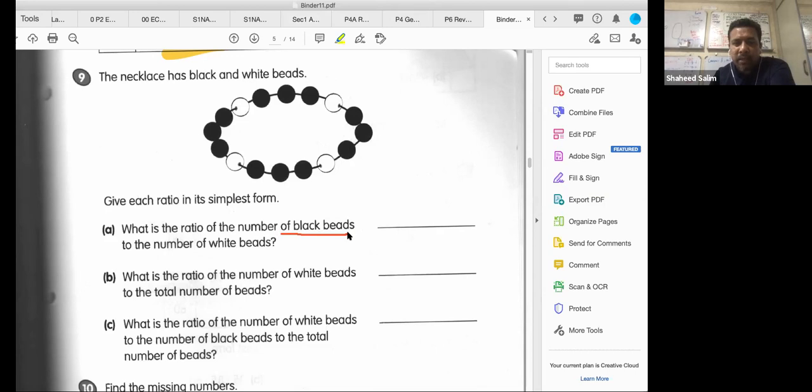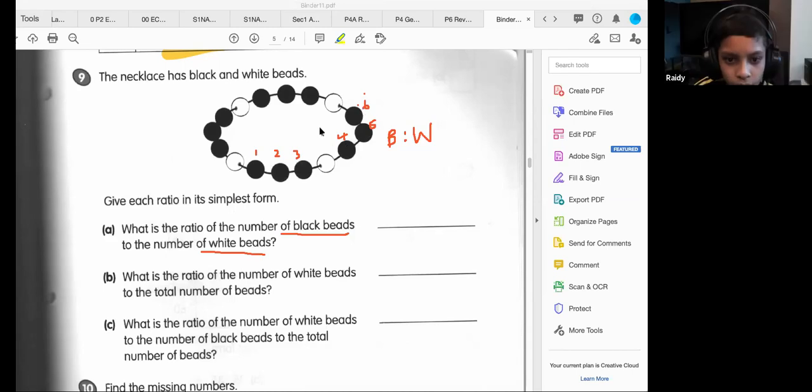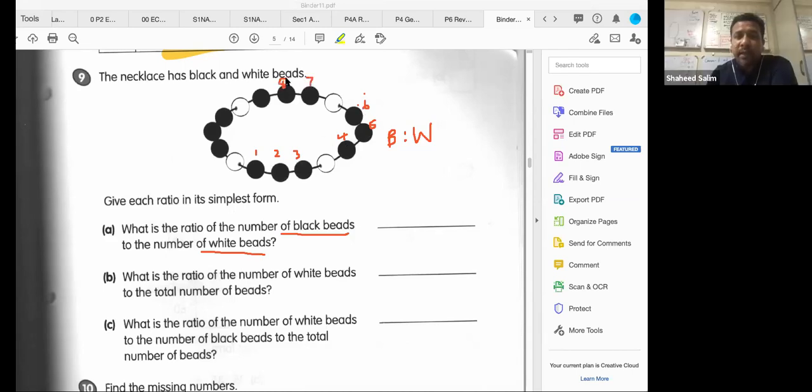Number of black beads to the number of white beads. So you can write it like that now. I advise students to write that. Black beads, and then you put 2 dots like that, to the white beads. So you count the number of black beads, right? There's 1, 2, 3, 4, 5, 6, then 7, 8, 9.